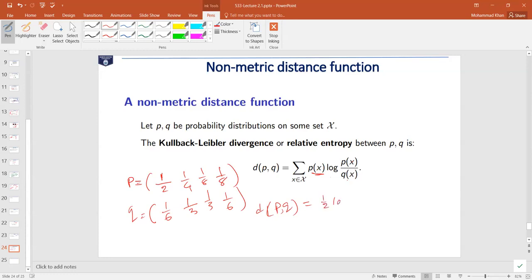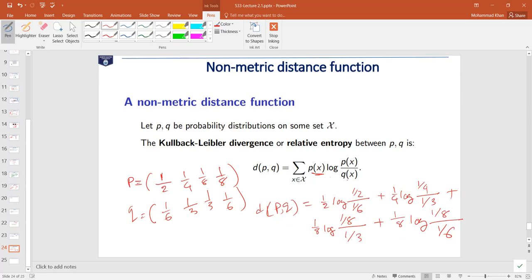So 1/2 log (1/2 by 1/6), plus 1/4 log (1/4 by 1/3), plus 1/8 log (1/8 by 1/3), plus 1/8 log (1/8 by 1/6).